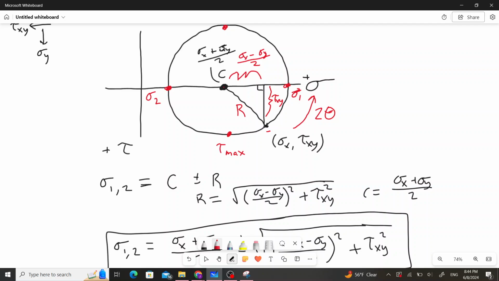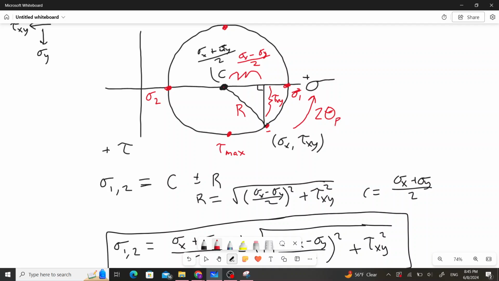Well, remember one rule is on the Mohr circle, an angle theta rotation of a stress element corresponds to a rotation of 2 theta on Mohr's circle. So if we need to go from this point to where the principal stress occurs, it's a rotation of theta p in reality, but on Mohr's circle we're going to rotate by 2 theta p.